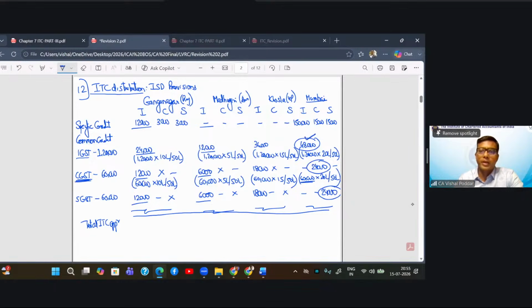I will be distributed as I, C will be distributed as C, S will be distributed as S. But when the ISD is distributing to other states' units, all credits, whether C, S, or I, are distributed as I. Even though it may be C and S, it is also to be distributed as I, because now the ISD of one state is transferring the credit to another state. I hope, students, this is very, very clear to you all. Right? Understood?